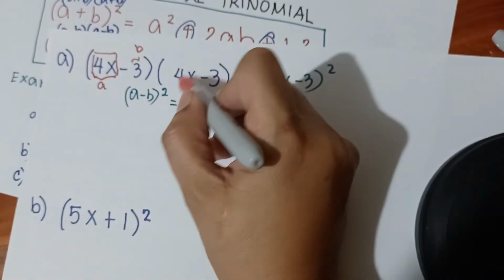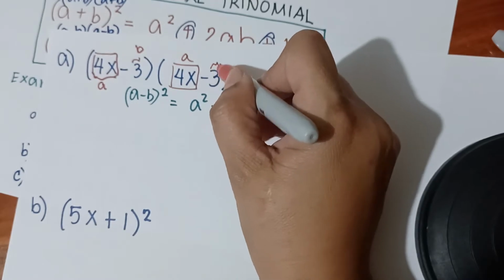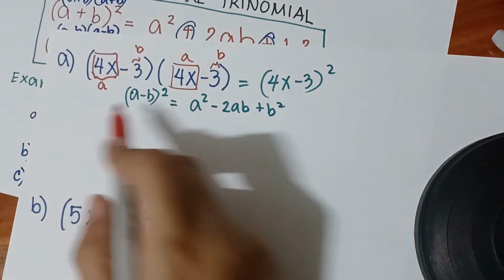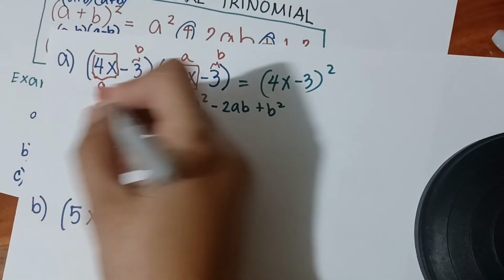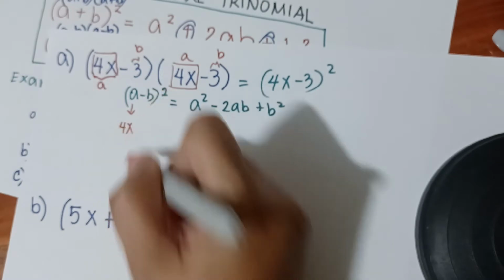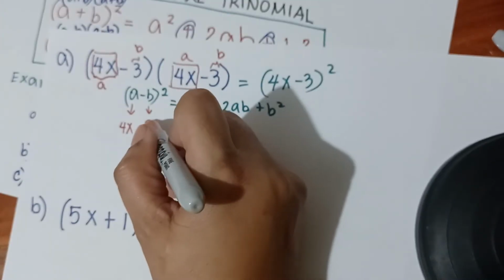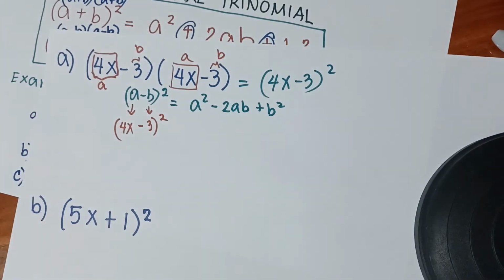So, same thing here. This is the a and this is the b. So, if we are going to substitute yung a, ano yung a natin dito? A will be the 4x. Okay? And b will be the 3 and minus 3 squared.